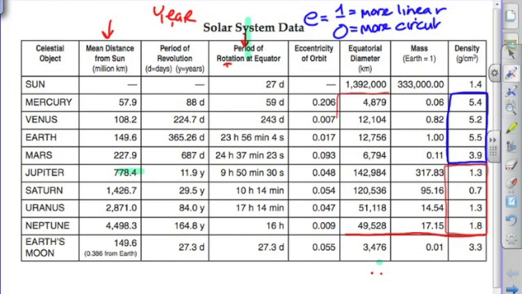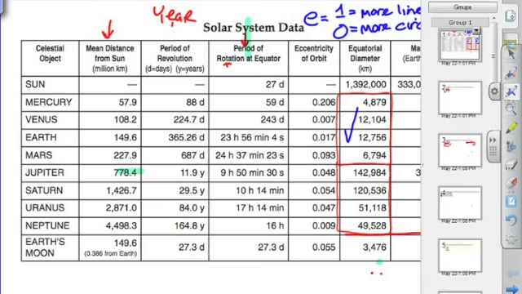My terrestrial planets have equatorial diameters in the range of maybe 5,000 to 12,000, where my Jovian planets are much larger in size, ranging from the smallest at 49,000 all the way up to 142,000 and change. So it looks to me like the terrestrial planets are more dense and smaller in size.